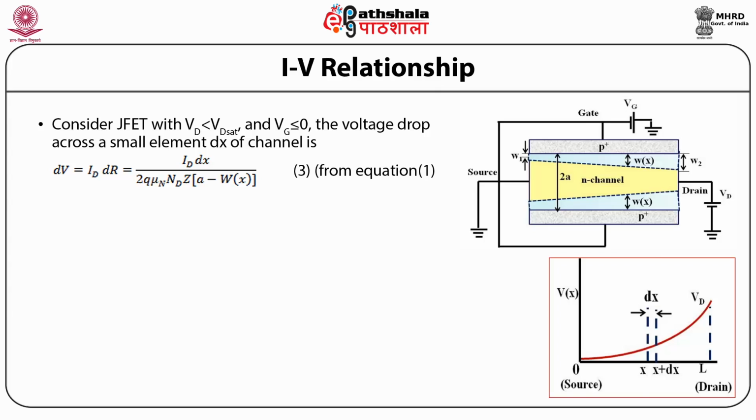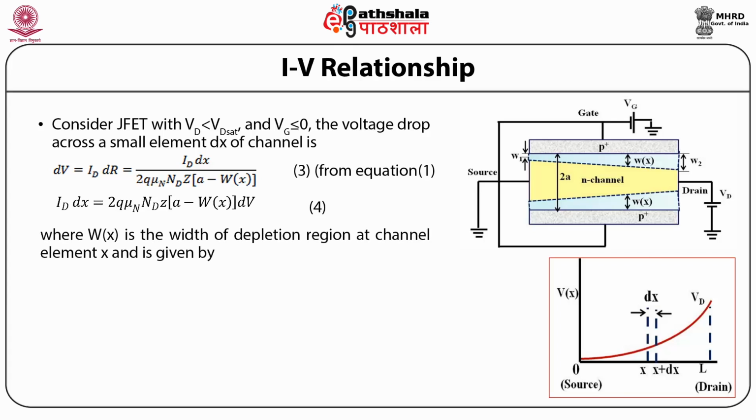So now taking the denominator to the left hand side, we can say that ID dx equals 2q mu n nd multiplied by z multiplied by a minus w as a function of x, multiplied by dV.